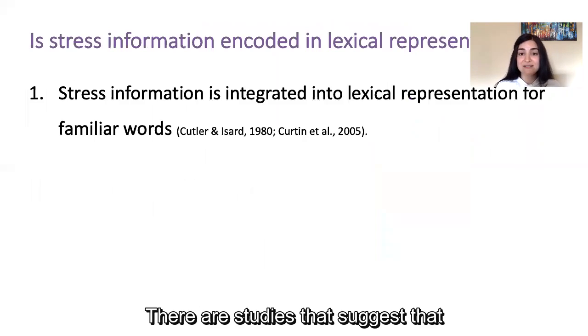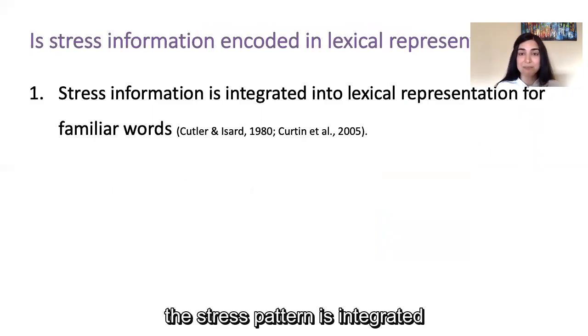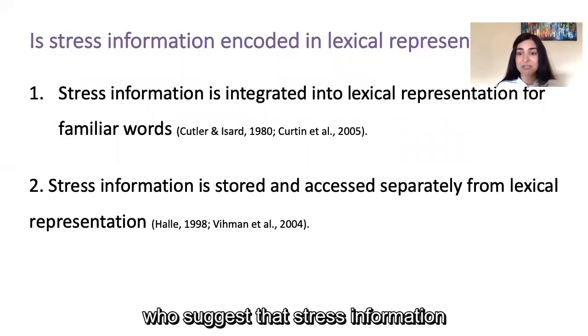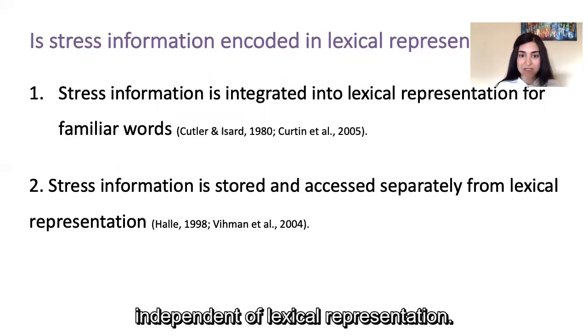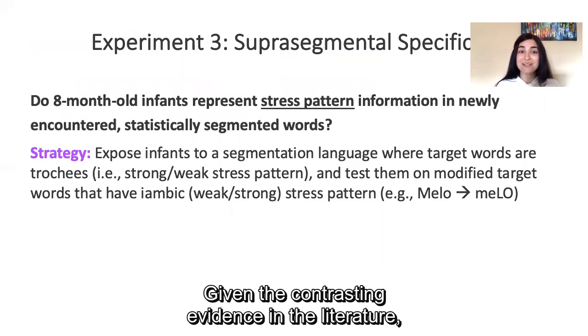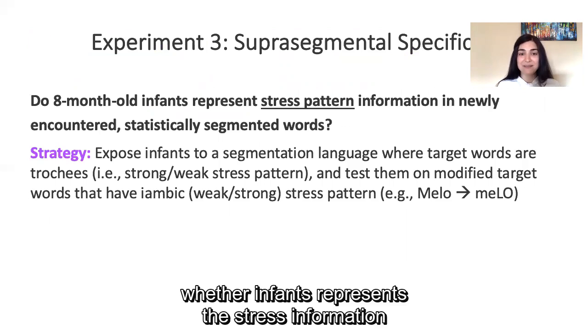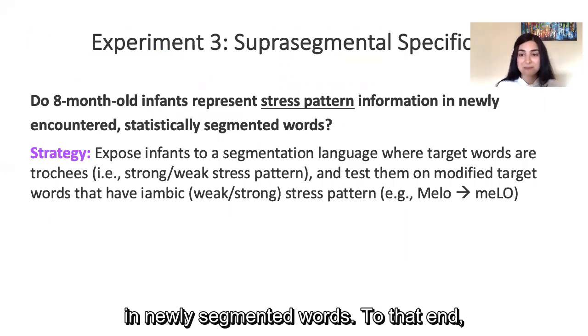There are studies that suggest that stress pattern is integrated into the lexical representation, but there's also another camp of researchers who suggest that stress information is stored and accessed independent of lexical representation. Given the contrasting evidence in the literature, we wanted to investigate whether infants represent stress information in newly segmented words.